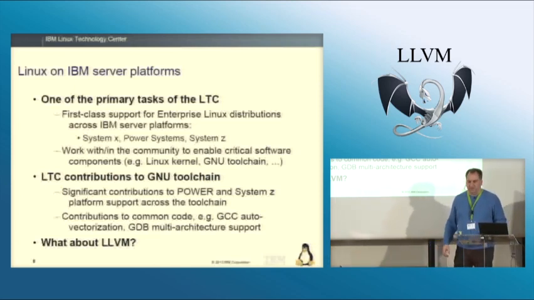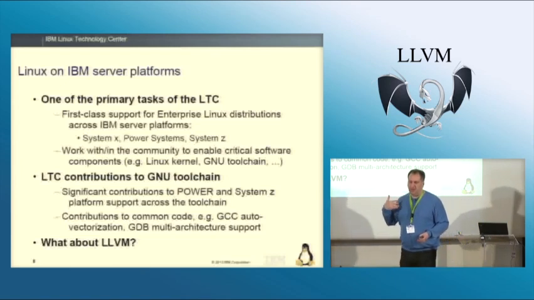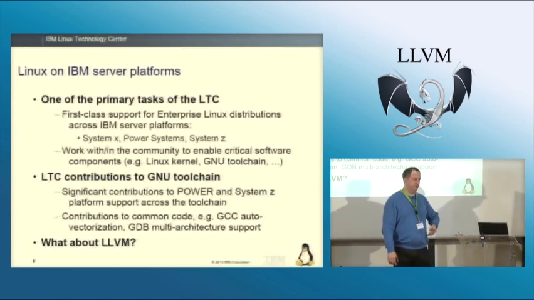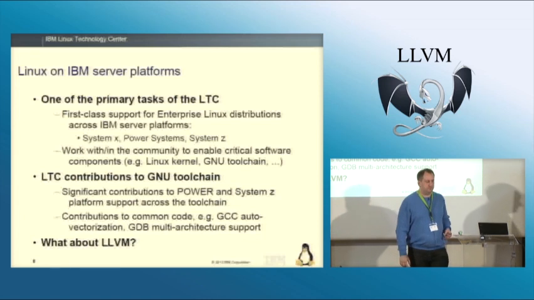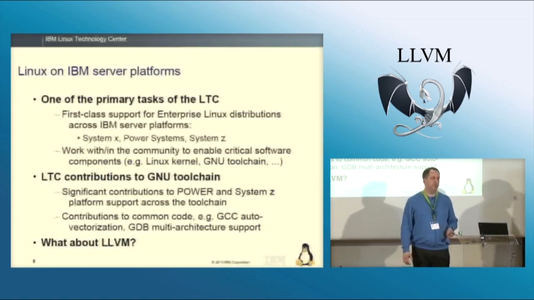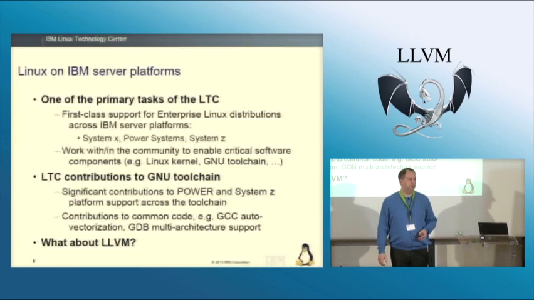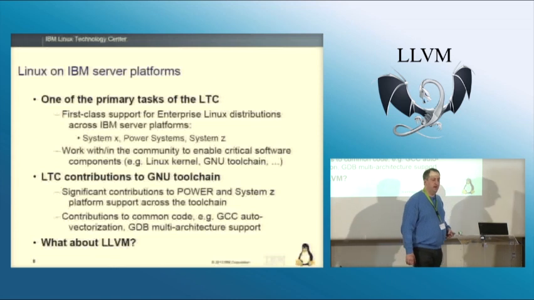If you look back at what we did over the past, I don't know, 10, 15 years, we did contribute significantly to both the Power and System Z platform parts in GCC and across the toolchain, of course. But beyond that, we also made some significant contributions to common code, like the GCC auto-vectorization framework, which was pretty much done by IBM.